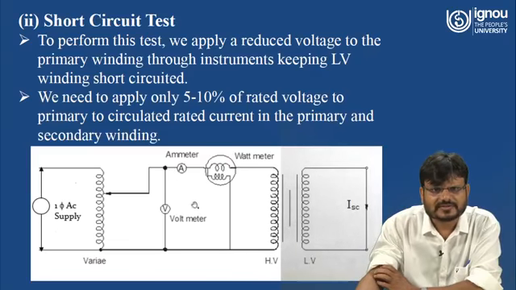Here the wattmeter will give you the reading of the variable losses, or you can say short circuit losses, or copper losses. The ammeter will give you the reading of the short circuit current, and the voltmeter will give you the short circuit voltage.